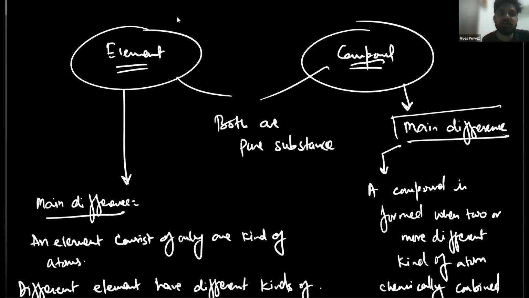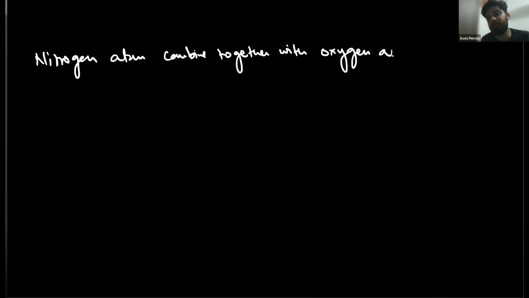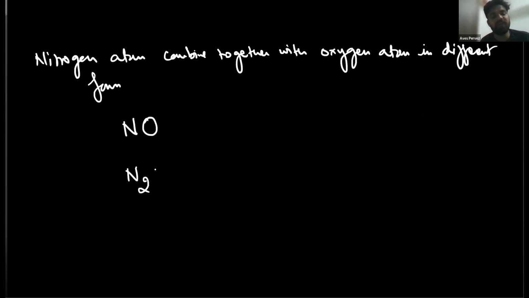Nitrogen atoms combine with oxygen atoms in different forms, and this one is very important. 1 nitrogen atom can combine with 1 oxygen atom. 2 nitrogen atoms can combine with 1 oxygen atom. 2 nitrogen atoms can combine with 5 oxygen atoms.